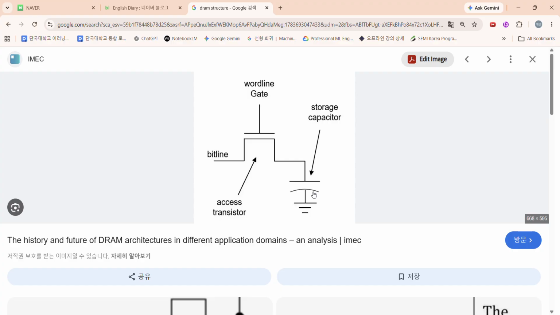The binary number concept comes from this capacitor. When the capacitor stores a lot of charge, it is seen as the number 1, and if the capacitor doesn't store anything, then it is seen as 0.